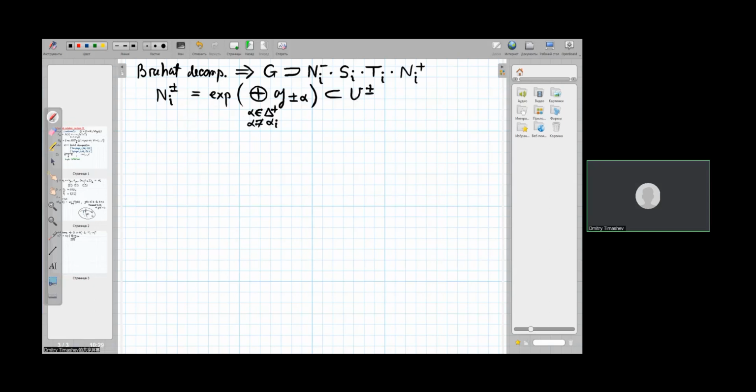U plus is the unipotent part of B, and U minus is the unipotent part of B minus. So these are the unipotent subgroups on the left and on the right. And Ti is a codimension 1 subtorus in T, complementary to the maximal torus of this Si.